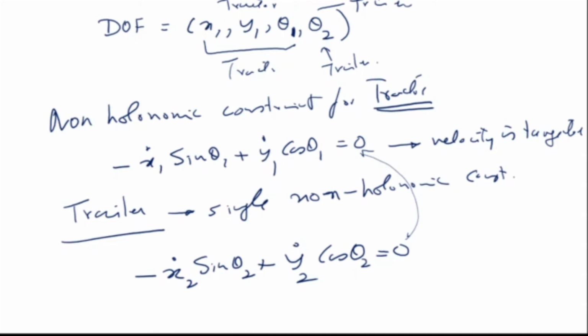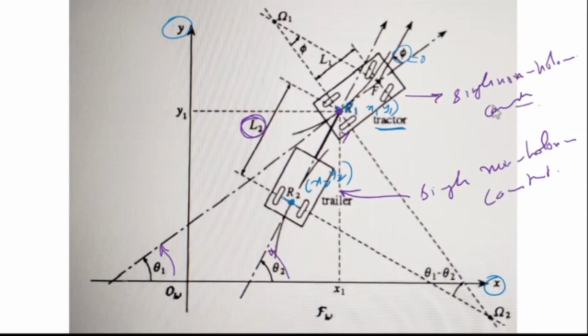Now, is there some other relation between x2 and x1? Let's go back and look at the figure again. This is my x1, and this is my x2, which is x2, y2. Taking the projection, x2 is equal to x1 minus L2 cos theta 2.